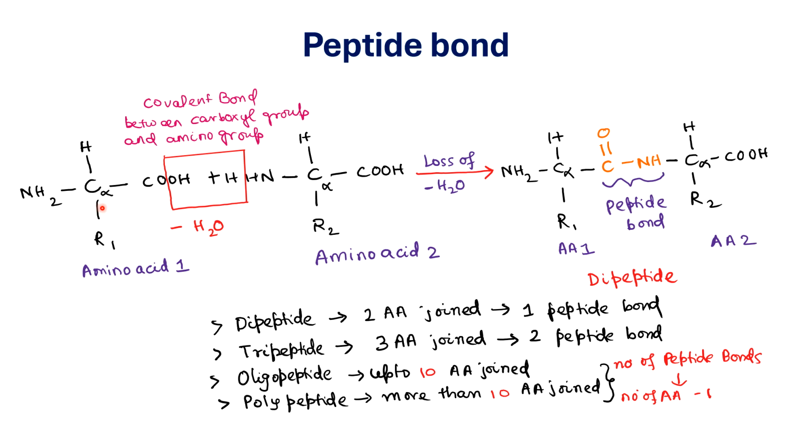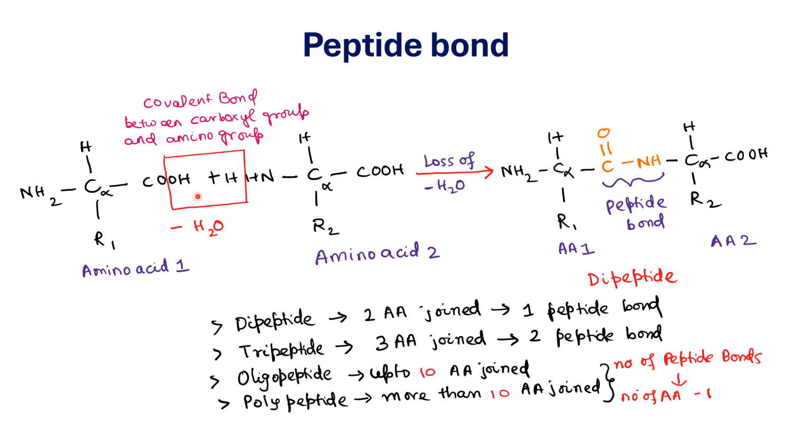We should remember that amino acids are substituted methanes. So it will have a C alpha, and instead of 4 hydrogens, there will be 1 hydrogen, 1 amino group, 1 carboxyl group and a varied R group, right? So this is another amino acid.